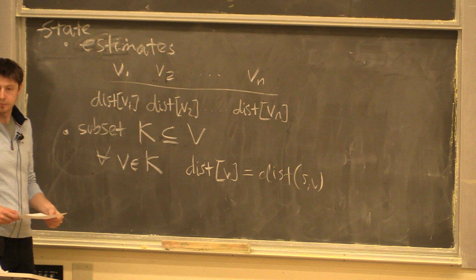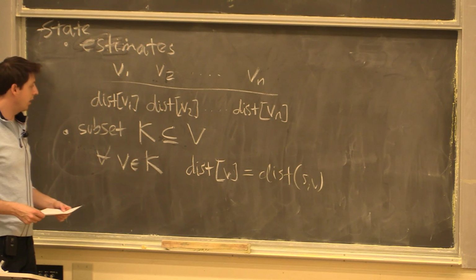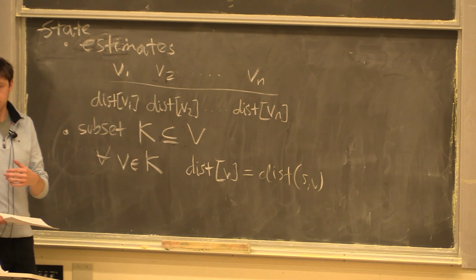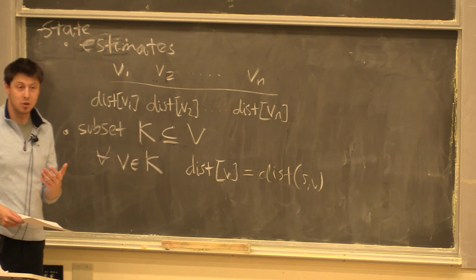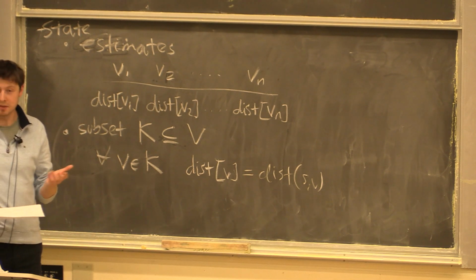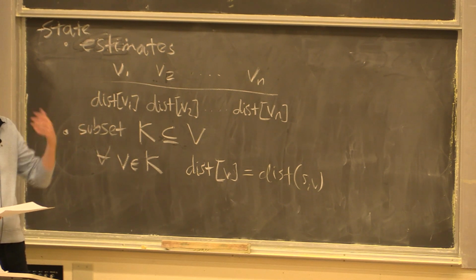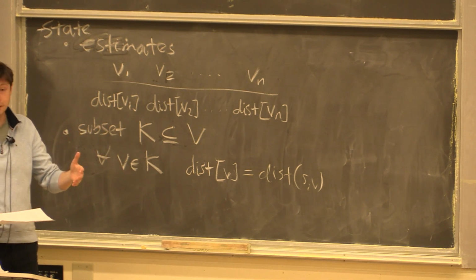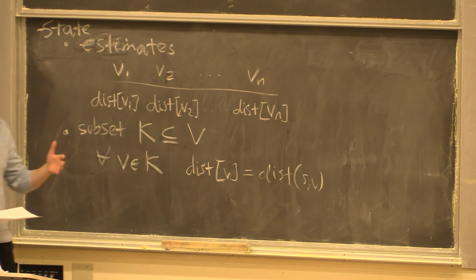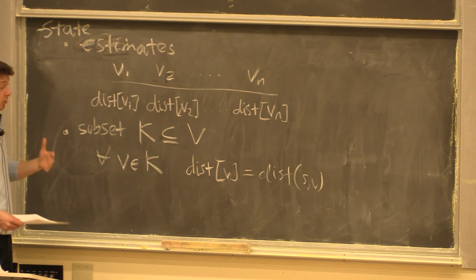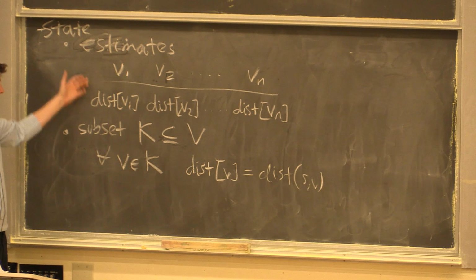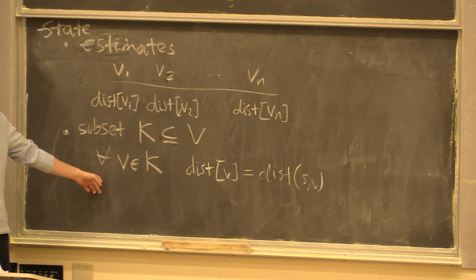Yes? The question is, why do we need K? Well, the algorithm will need it because it wants it, and we'll get to it in a moment. I'm just telling you before we get to the algorithm, because if I just write the algorithm, it's going to be too much, okay? I'm trying to describe how the algorithm will reason. It has estimates, and out of these estimates, it knows which are correct, okay?